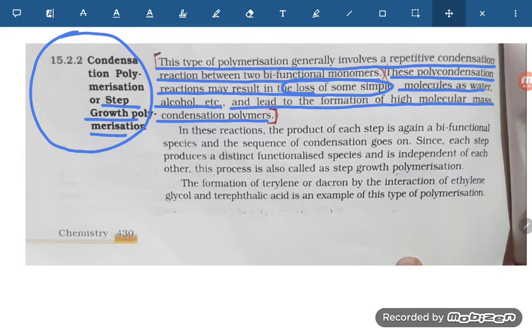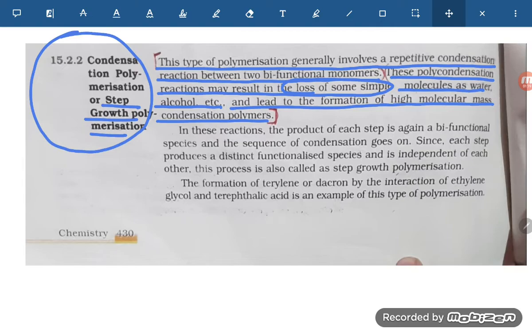So condensation polymerization is characterized by the loss of some small molecule, that is a water molecule or alcohol molecule or something different.